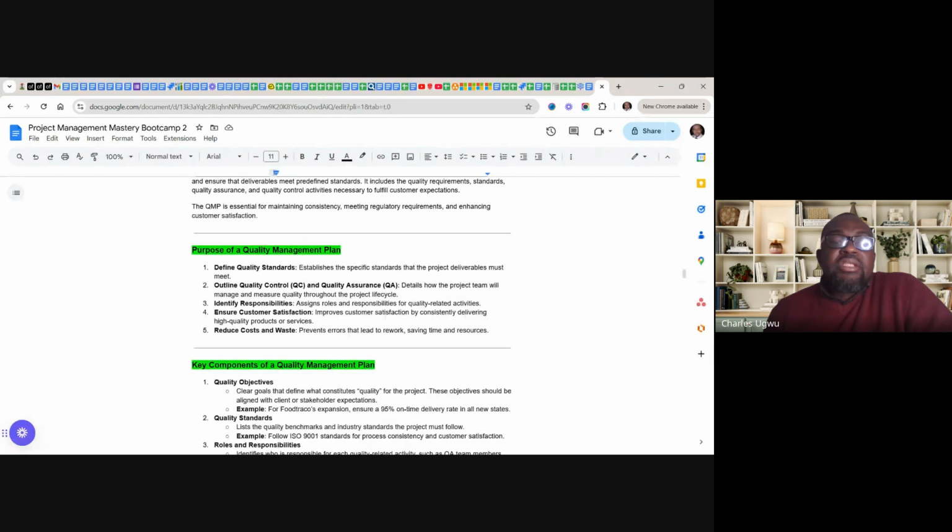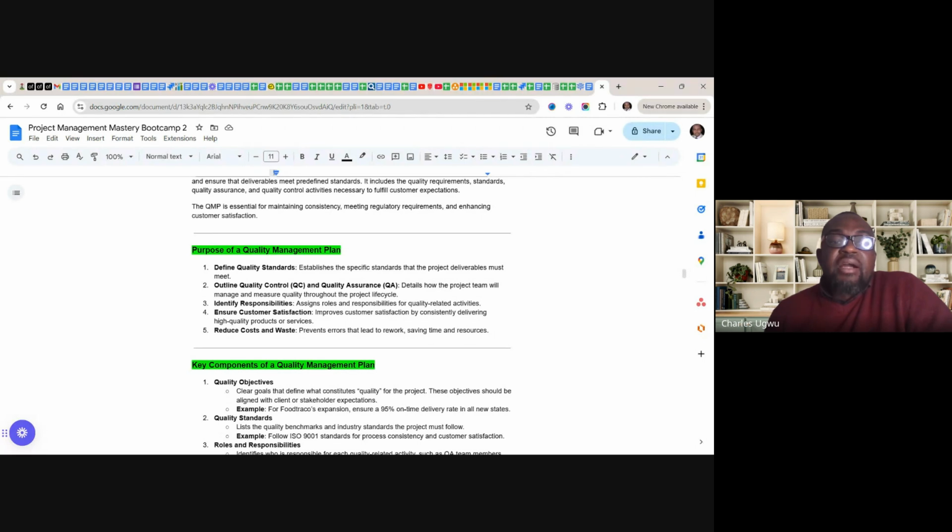Number two, it outlines quality control and quality assurance. We've been seeing these two terms, quality control and quality assurance. We are going to equally state the difference between the two terms. It outlines quality control and quality assurance, detailing how the project team will manage and measure quality throughout the project life cycle.